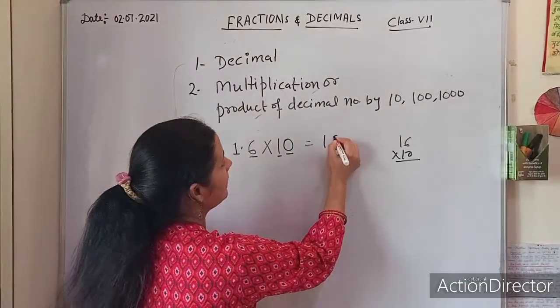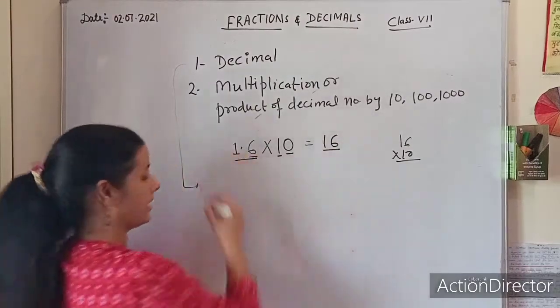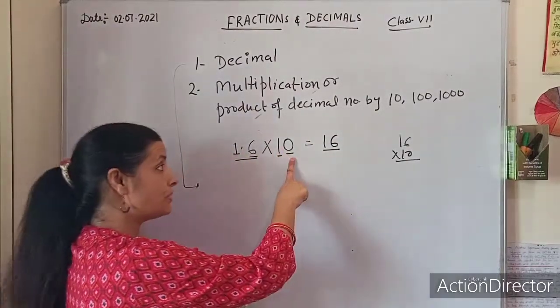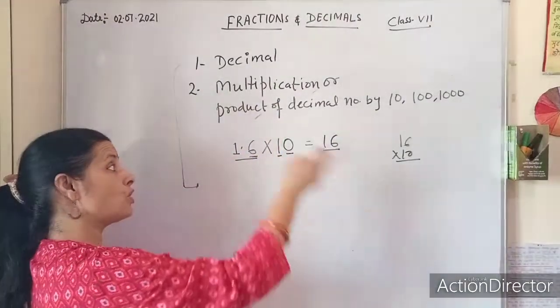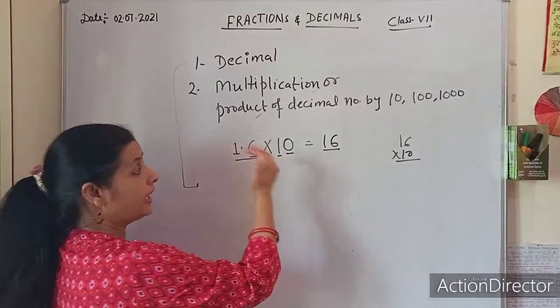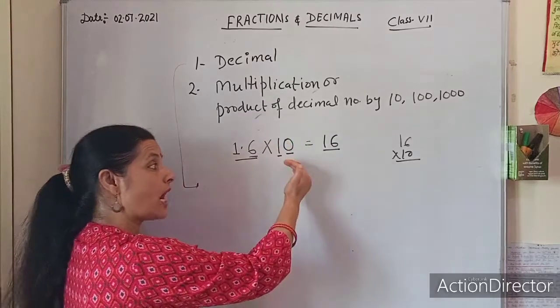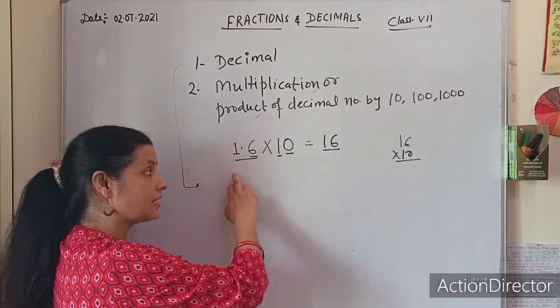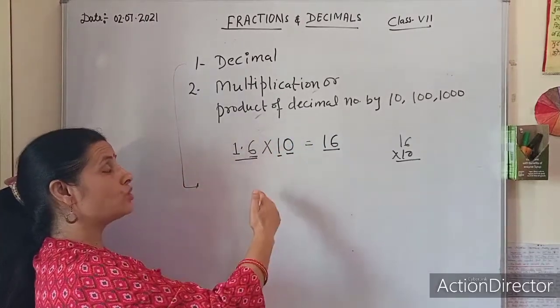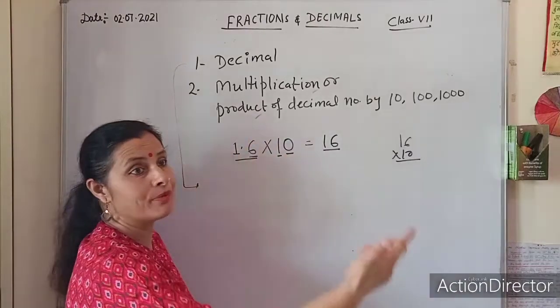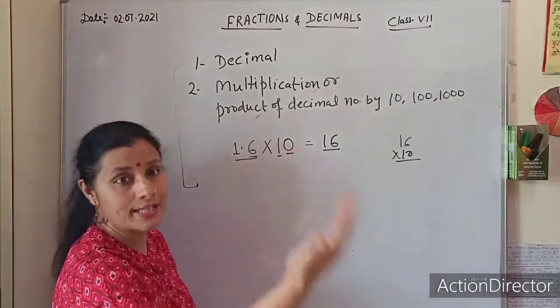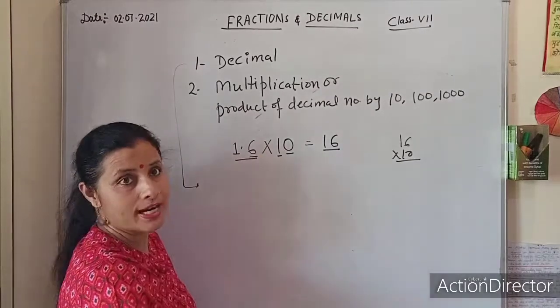So the answer will be 16, because the number of zeros will shift the decimal. It depends on the zeros, how many zeros are multiplying with that decimal number. In that situation, the decimal will be shifted towards the right-hand side.